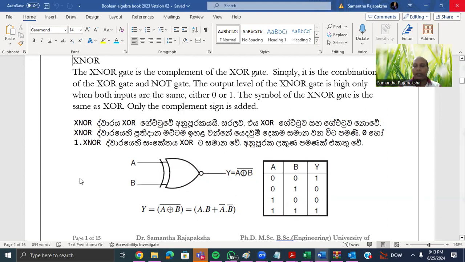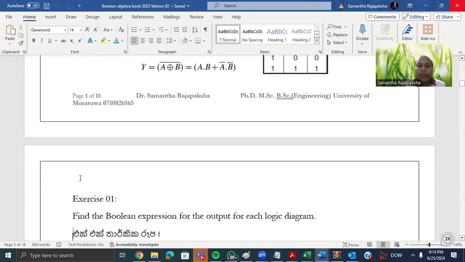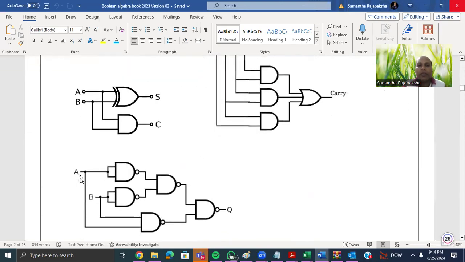Okay, then that is what you have to remember about the exclusive OR and the exclusive NOR gate. Now let's take some examples. In this one, we want to find out the expression for the output. So you can write the expression now.